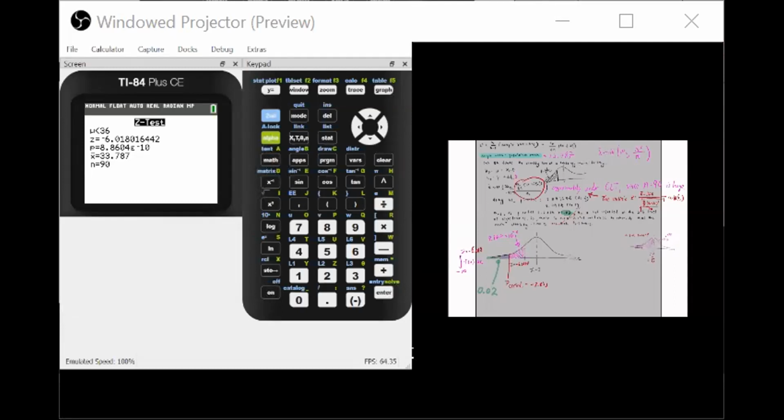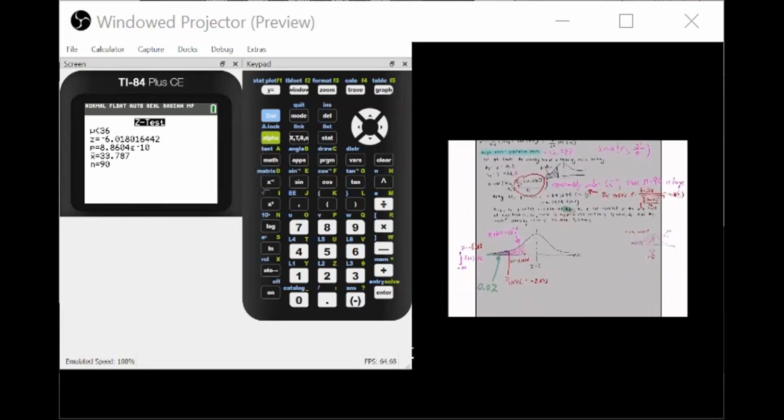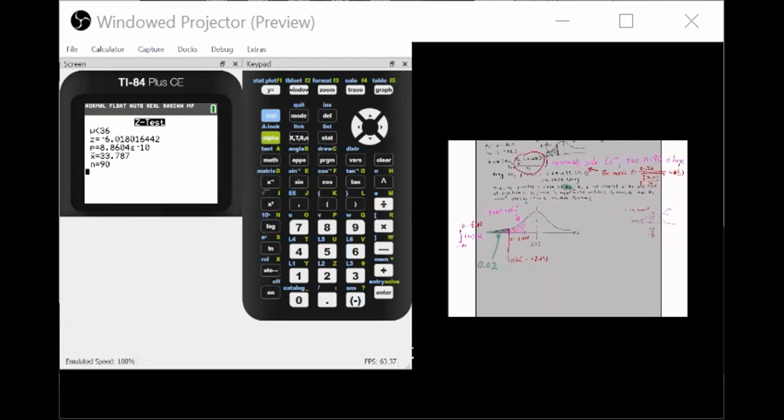I got a different value for my P compared to yours. Did I key in wrongly? Did I key in something wrongly?